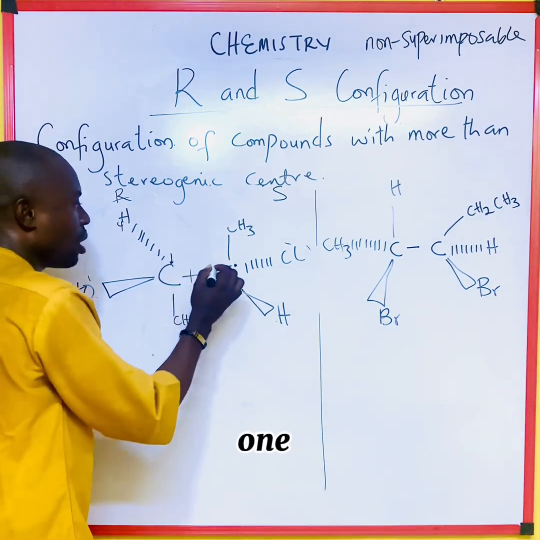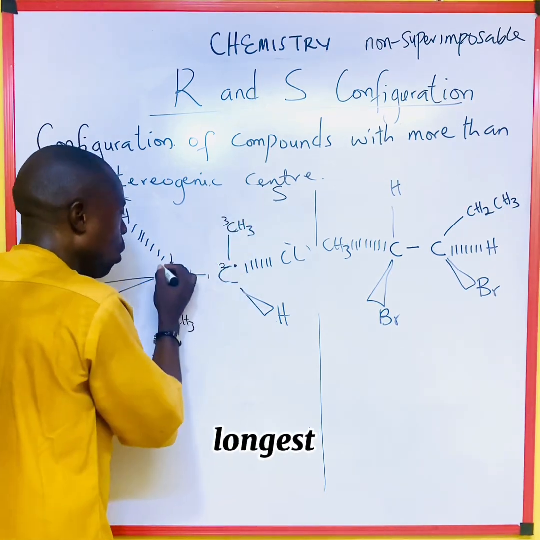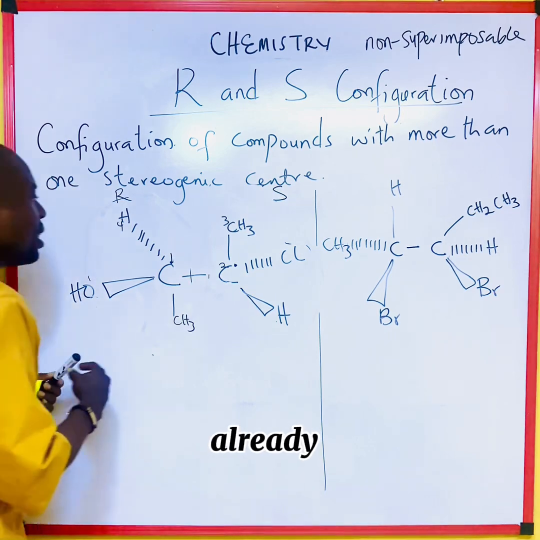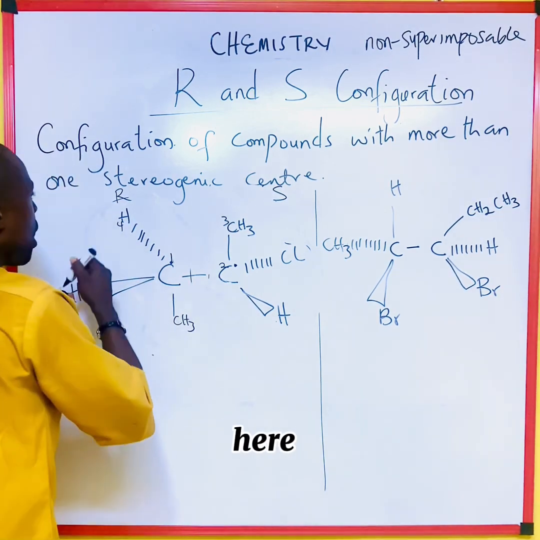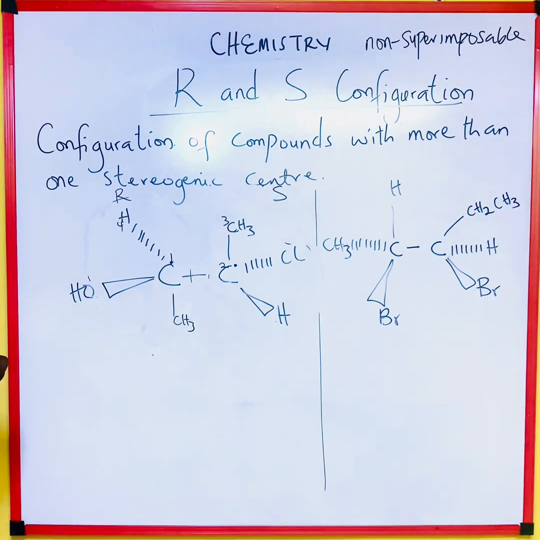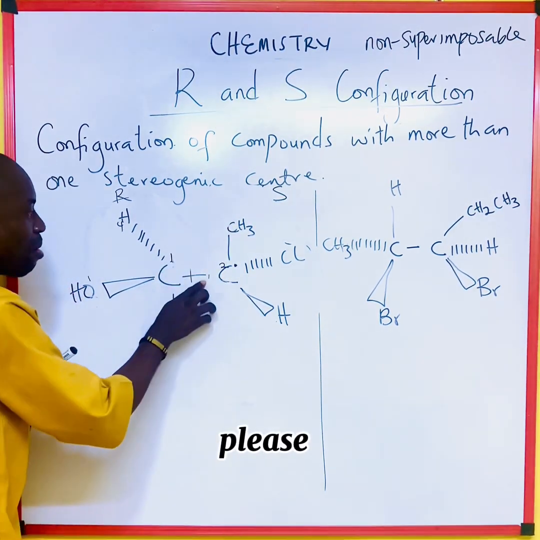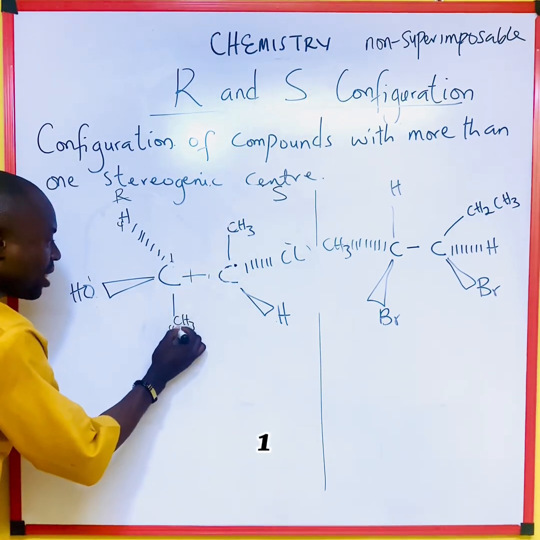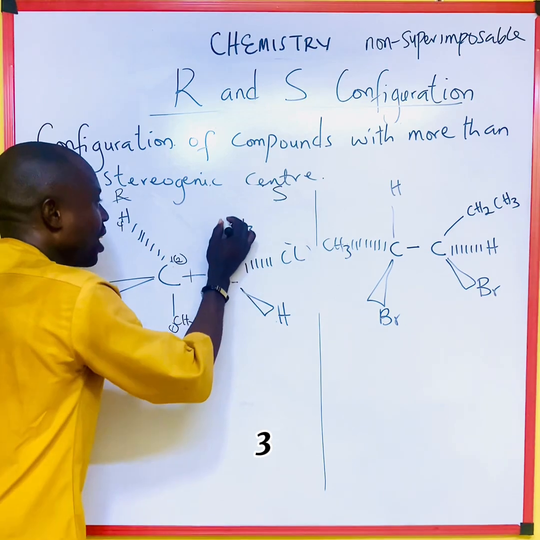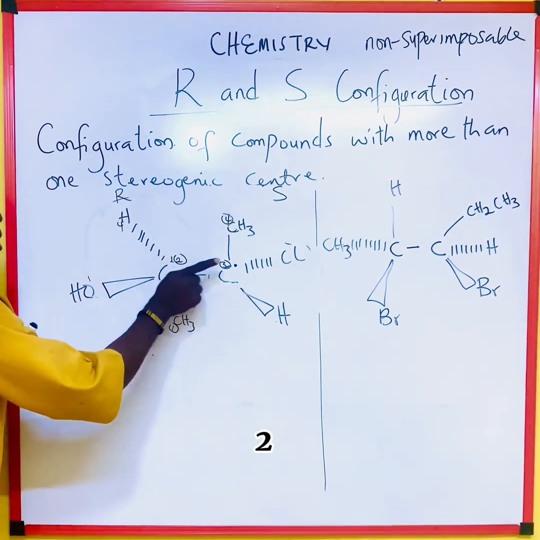Here is 1, here is 2, here is 3. Take the longest carbon chain while you are naming your organic compound. Oh, sorry, the number of carbons here is 4. Please permit me. Here is 1, here is 2, here is 3, and here is 4.